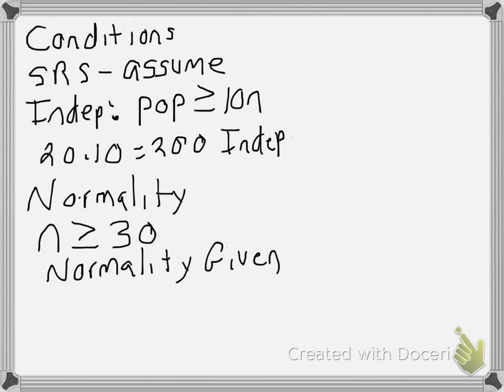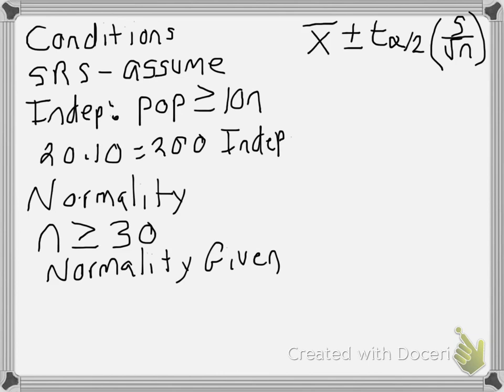So our formula for our problem is basically almost exactly the same as what we did before. X bar plus or minus t of alpha over 2 times s over the square root of n.